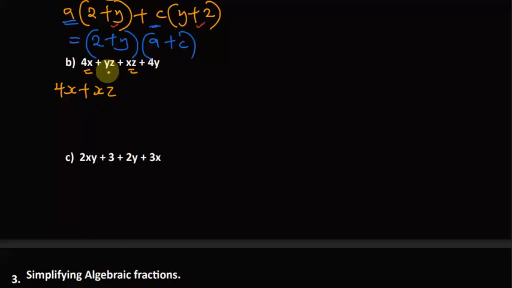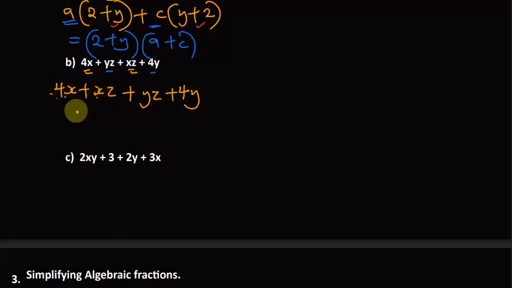Then the other with the y, let me use a different color. The other with y is here. yz plus 4y. So plus yz, then plus 4y. Correct. Then let's factorize these two. What is common between them?